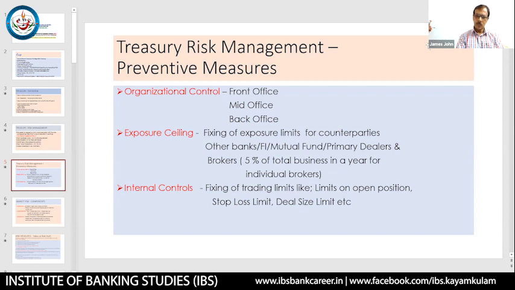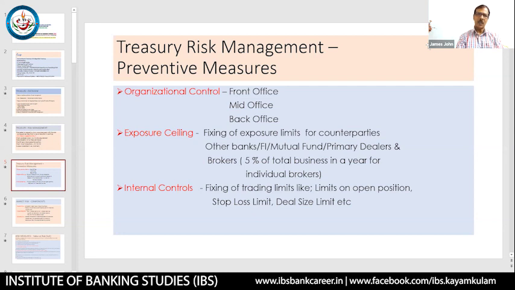And because this is functioning in 3 different departments headed by 3 different people, the chances of committing some error or mistake or some adjustment are very, very rare. So that is one measure for preventing the risk, that is organizational control.